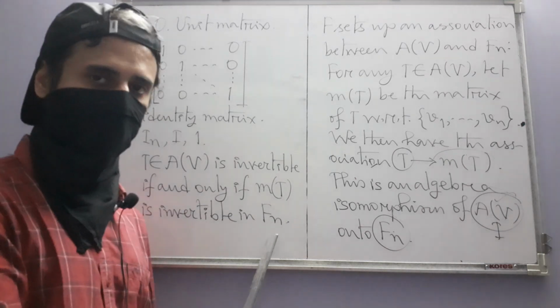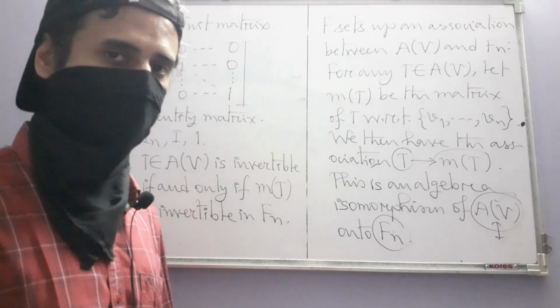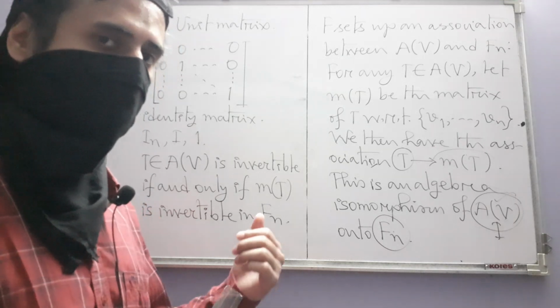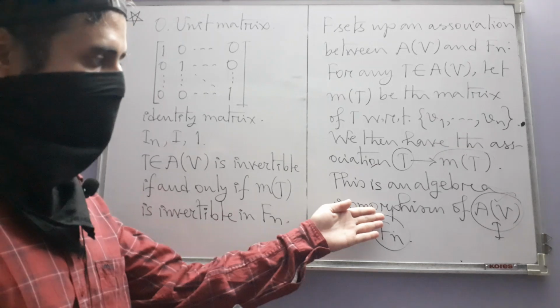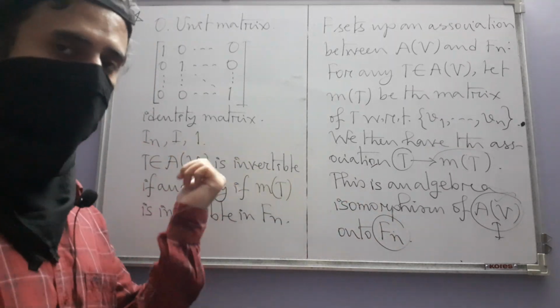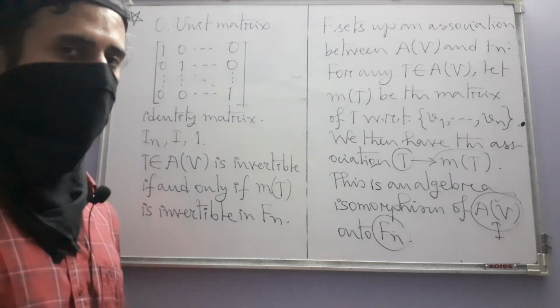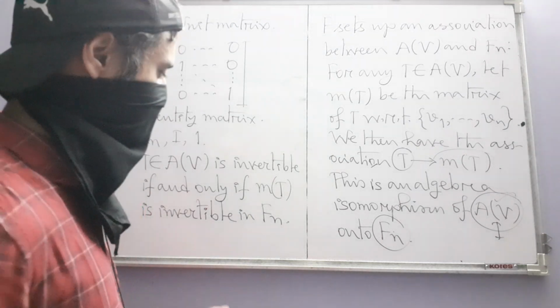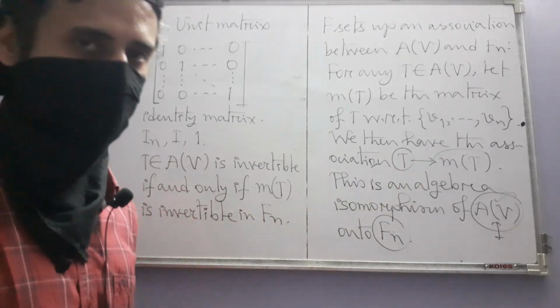This is also a ring, so as an element we can ask if M_T is a unit, that is whether it has an inverse under multiplication. It turns out that we have an isomorphism, and this is the association T with M_T. T is an invertible operator if and only if M_T is an invertible matrix. And one can prove this also using this association directly.